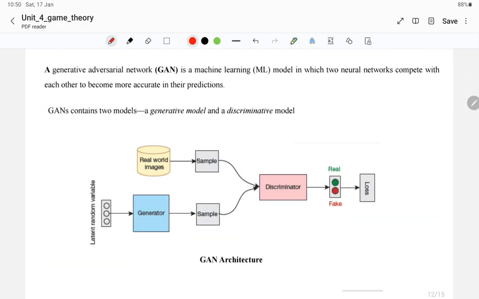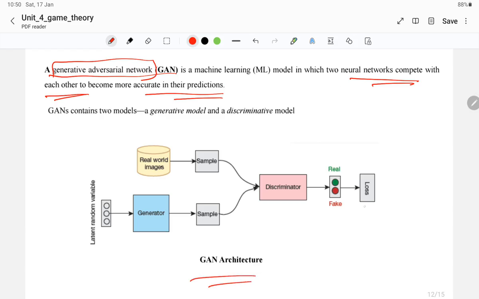One good example of this is the GAN, Generative Adversarial Network. It's a machine learning model in which two neural networks compete with each other to become more accurate in their predictions. This diagram shows the architecture of a GAN. The two neural networks are a generative model and a discriminative model.